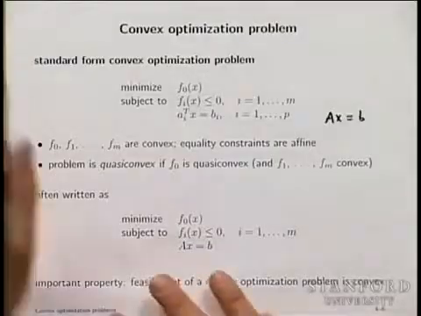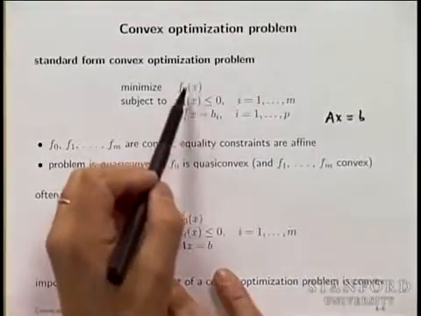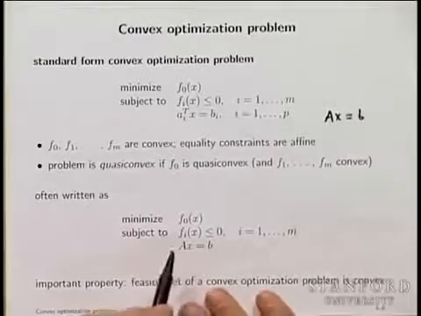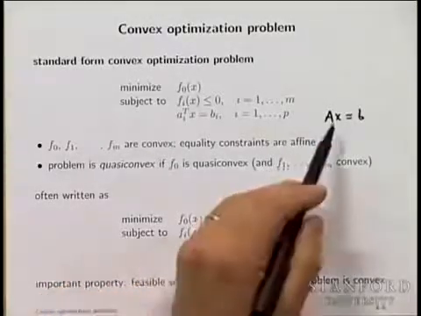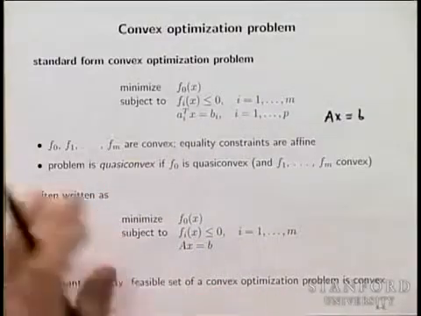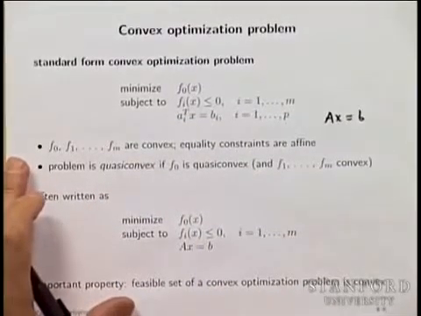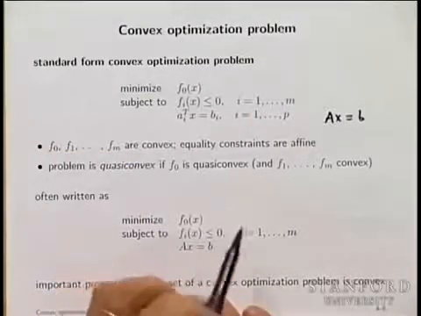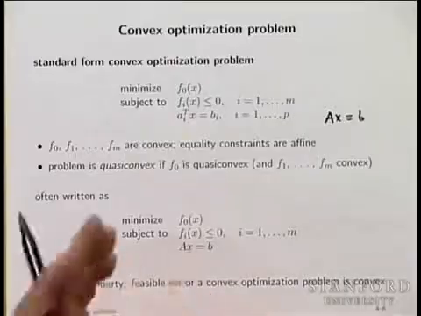Now, if the objective is quasi-convex, then this is called a quasi-convex optimization problem. And you might just write it out this way. This is where I've just substituted for the equality constraints a single matrix vector equality constraint. Now, the feasible set of a convex optimization problem is convex.